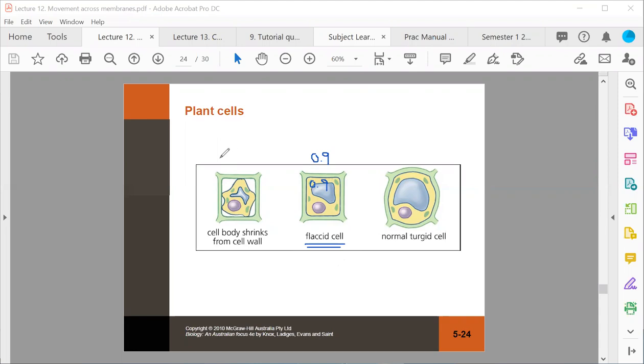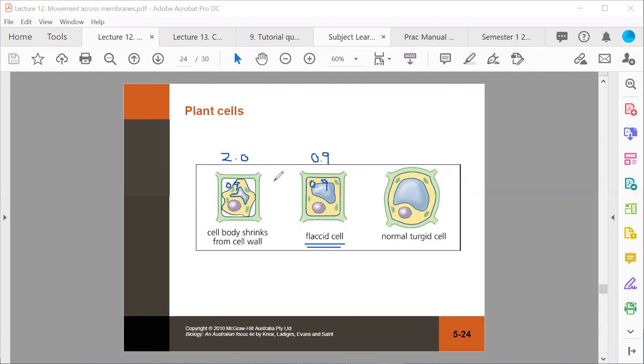Let's look at this over here. Now we're going to place the cell into a hyperosmotic solution. So 2% solution compared to our 0.9% inside the cell. In which direction does the water move when we put the plant cell into a hyperosmotic solution?